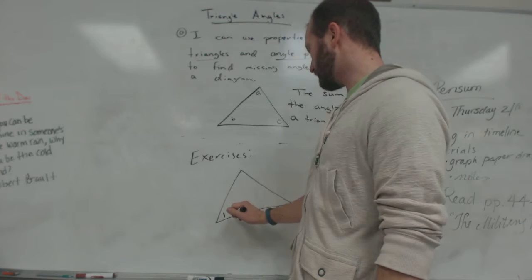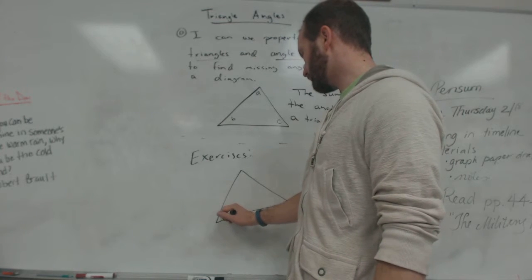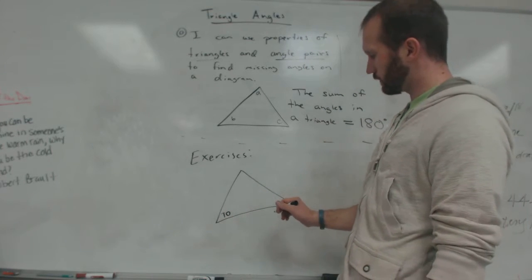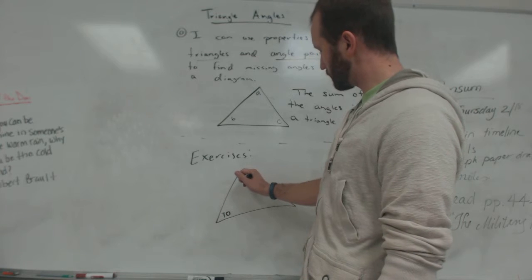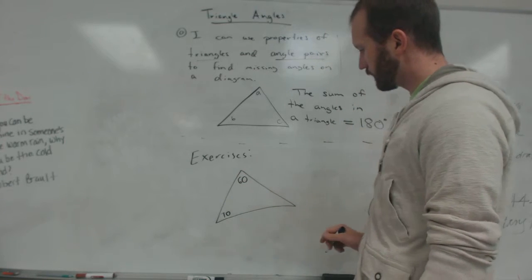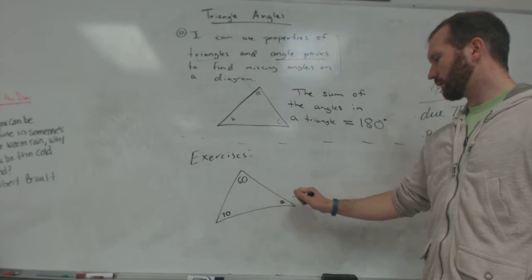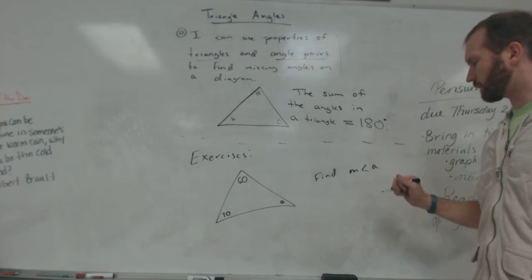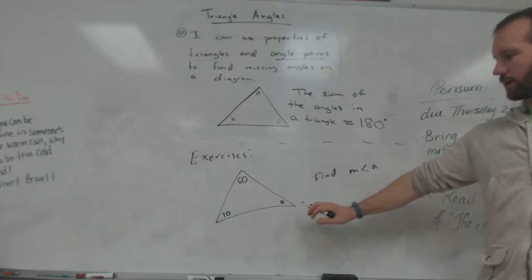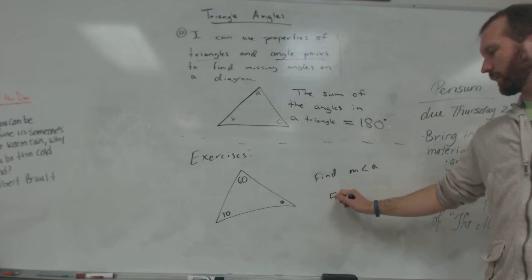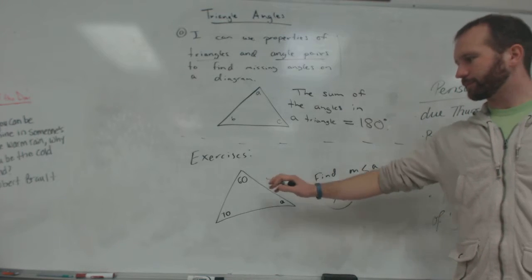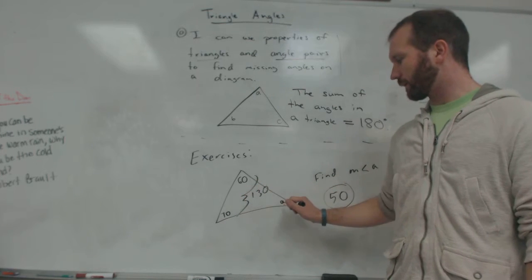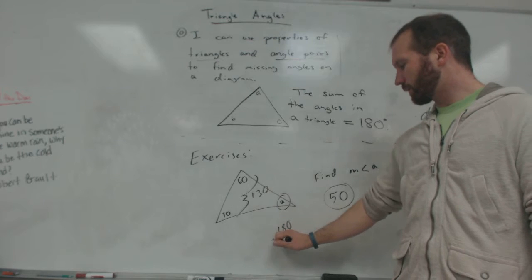Someone tells you this angle is 70 degrees, and this angle is 60 degrees, and they say find the measure of angle A. What would this one have to be? 50. And how did you find that? 70 plus 60 is 130. 180 minus 130.